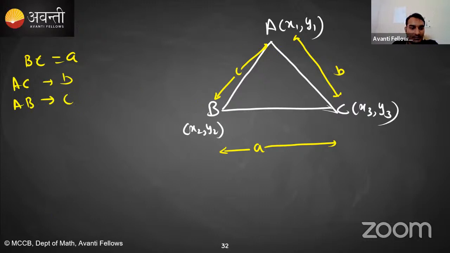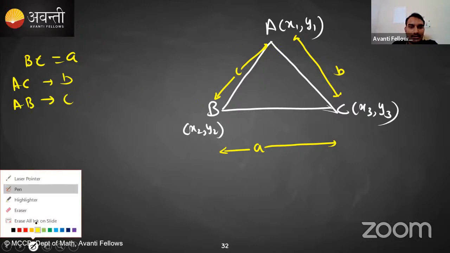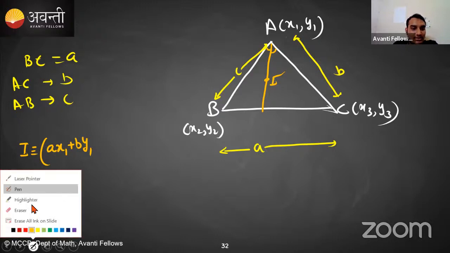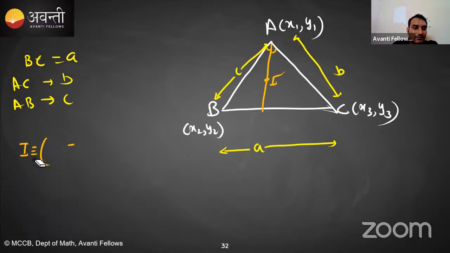Okay, and then how will you find the incenter? Let's say this is some point, the incenter. Look, a into x1 plus b into y1... sorry, one second, student. My bad.